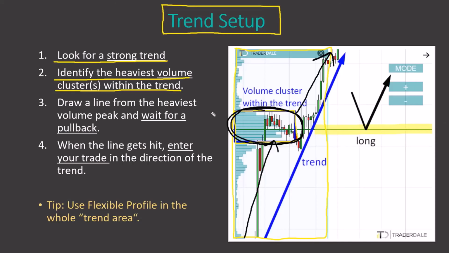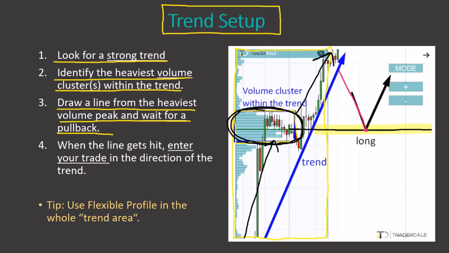So the next step you do is you draw a line from the heaviest volume peak and wait for a pullback. That's basically the same as with the volume accumulation setup, right? So you identify the place where the volumes were the heaviest, you draw a line, and you wait for pullback. When your line gets hit, you enter a trade in the direction of the trend.